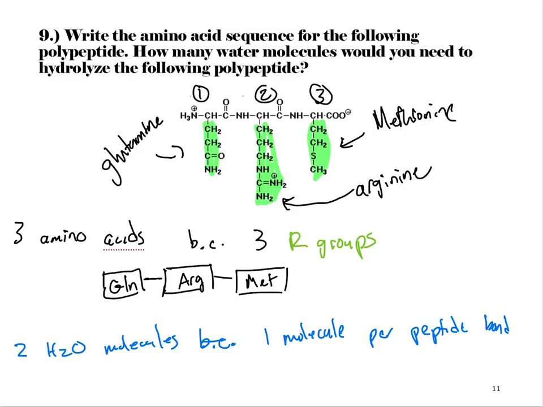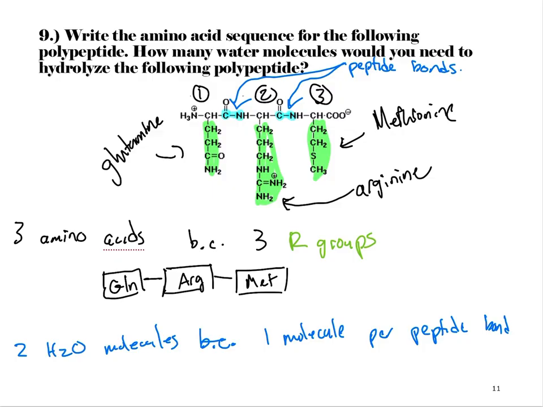We have the carbonyls, right? These are the carbonyl carbons. And then what's next to them? The NHs, right? And so this bond between them, those are the peptide bonds. So we need 2 water molecules because we have 2 peptide bonds, right?